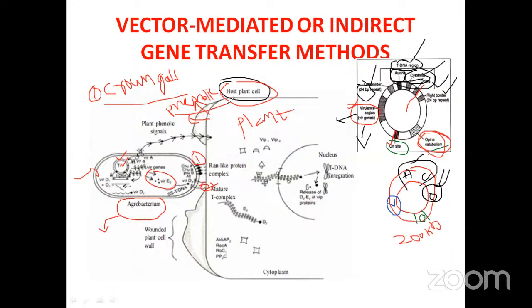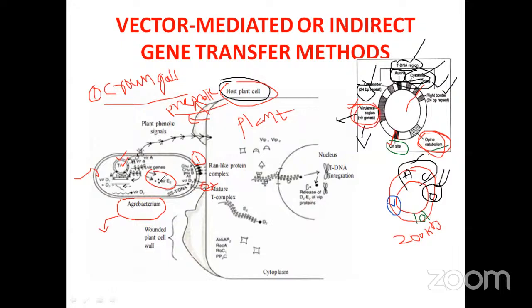Next, production of virulence protein. As the signal induction occurs in the bacterial cell attached to the plant cell, a series of events takes place that results in production of virulence proteins. The signal induction of phenolics stimulates virA. Next, virG from the virulence region.